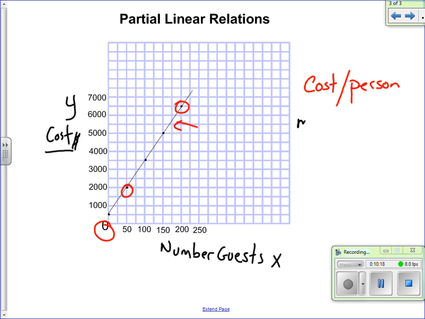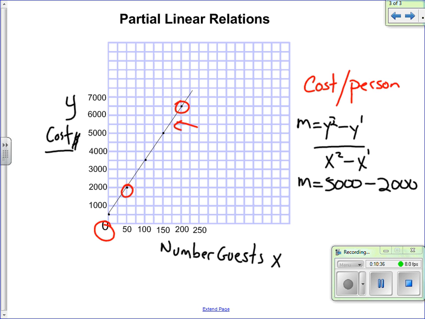So again, applying our formula, y2 minus y1 over x2 minus x1. Picking 2 points, and I'll use the ones right out of the book, make it easy. So we're looking at 5,000 minus 2,000. So we pick 2 points, 1 point here on the y and 1 point there, and again, it doesn't really matter. I recommend picking points that are easy to measure.